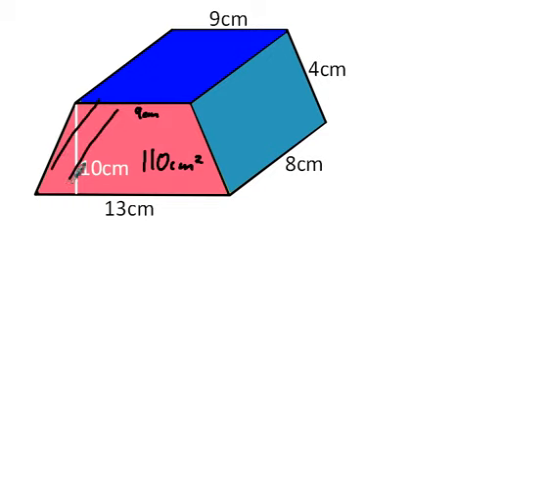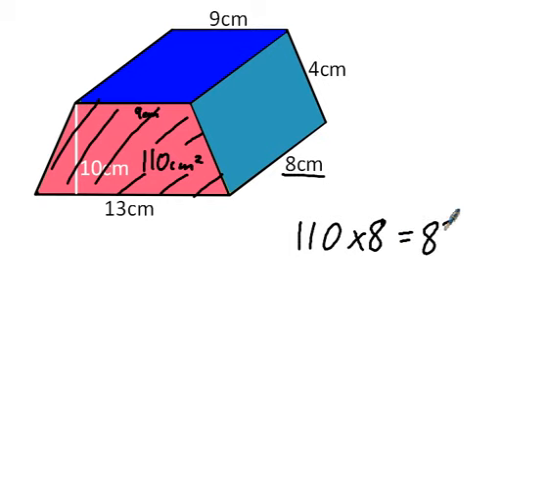So that gives us the area of the trapezium at the front, and then I just need to multiply it by the depth of the shape. So 110 times 8 will give me the volume of this prism, which is 880 cubic centimetres.